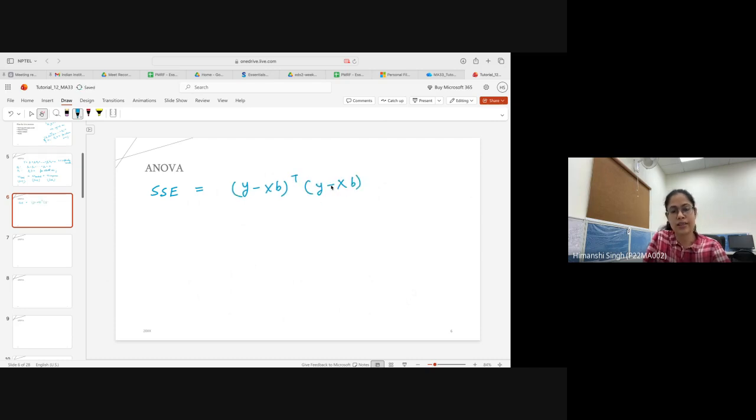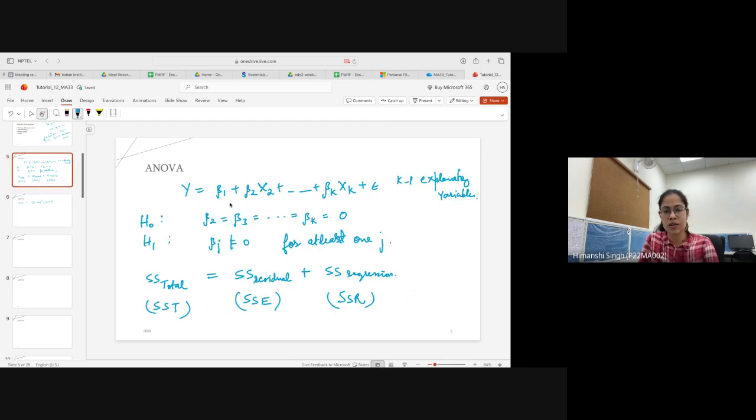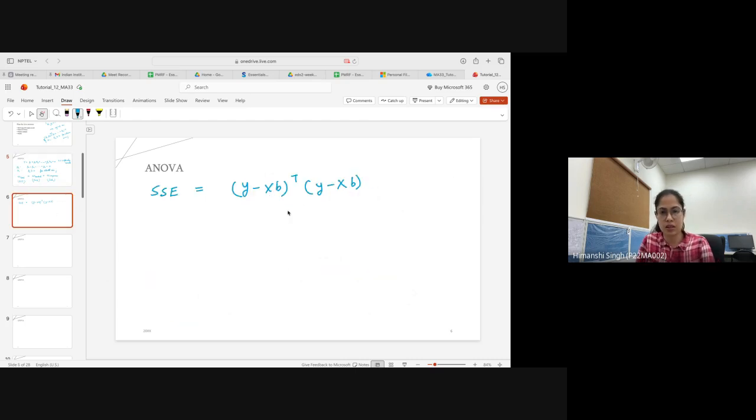Here we know that X is this matrix. If we have observations here, for example, n observations for x2, n observations for xk, and similarly n observations for the other explanatory variables also, that matrix will be this X matrix. This we have discussed already.